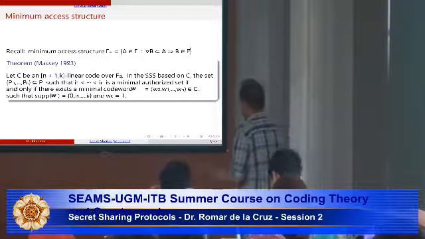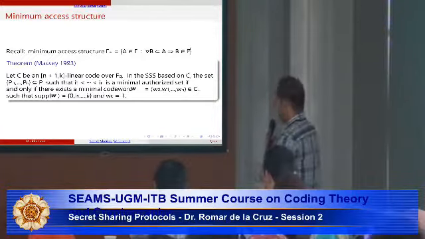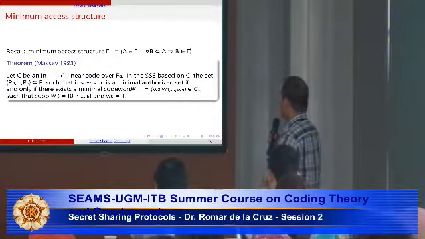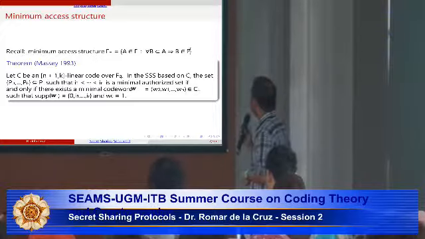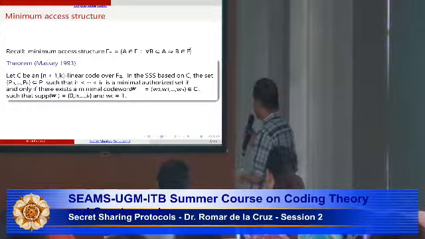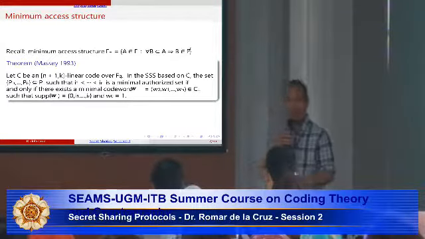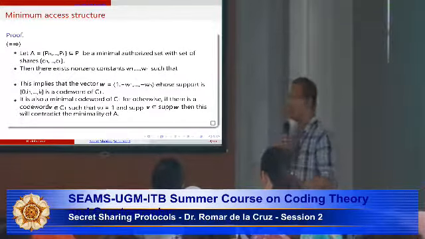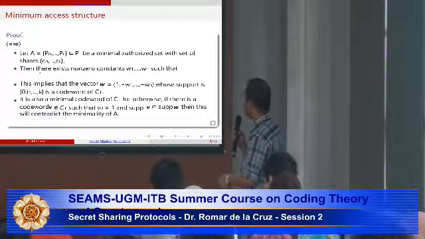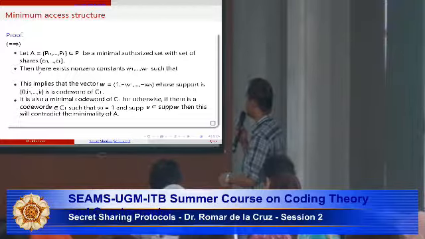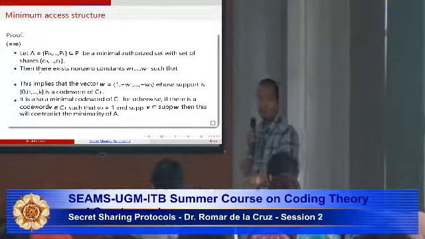I will show again one direction of the theorem. Suppose A is a minimal authorized set, and suppose these are the shares. Since it is authorized, they can recover the secret, so the secret is a linear combination of the shares. From this linear combination, with the non-zero constants, you can form this vector.